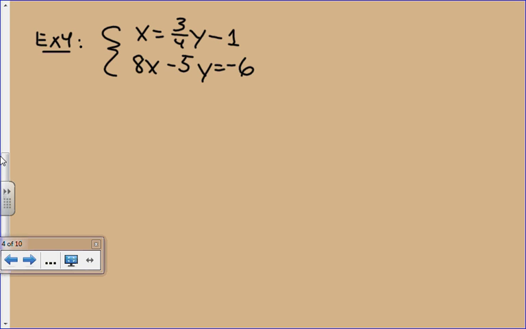To multiply everything by 4 in the top. Sorry, let's do it. You're saying the coefficient is going to be different. So, also, what is our whole goal? To get a variable by itself.